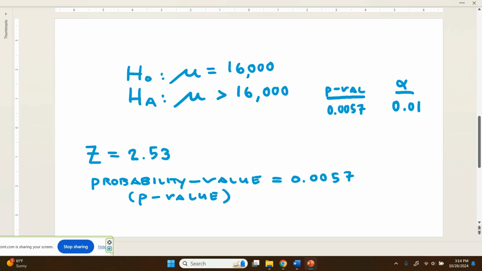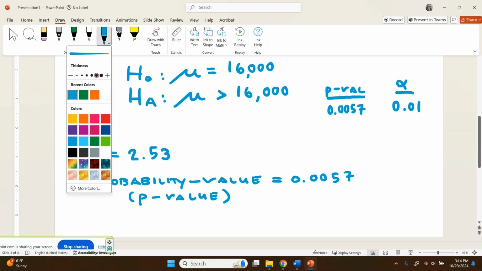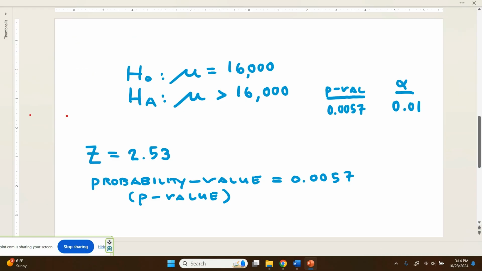But we're going to look at this and we see that our p-value is much, much smaller than our significance level, meaning that where we drew where unusual happens is about 1% here. And ours is well under that.